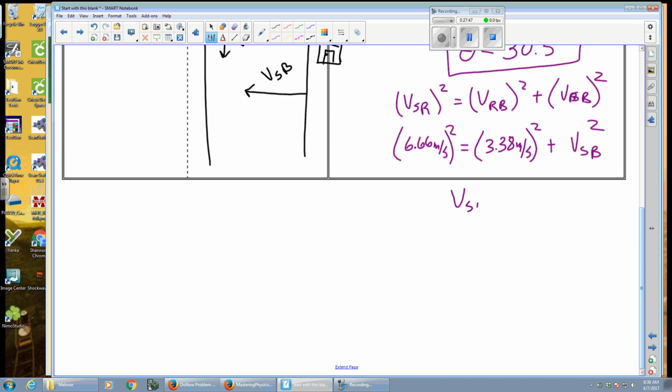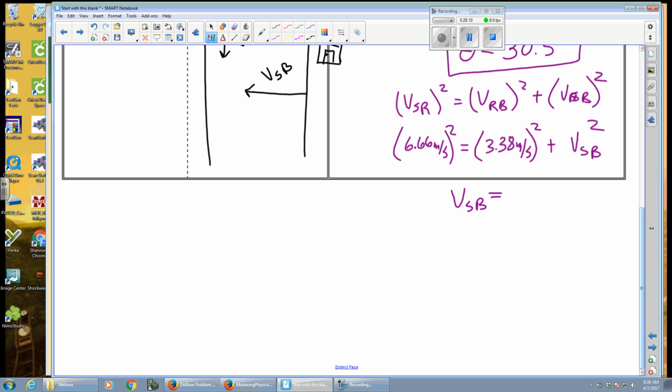So, most common mistake will be forgetting the square. Because people are like, yes, 32.9. Seems a little fast. Oh, I square rooted it. 5.73.